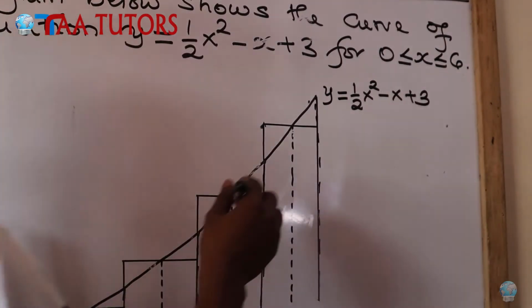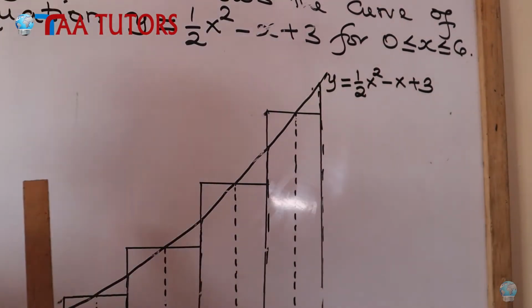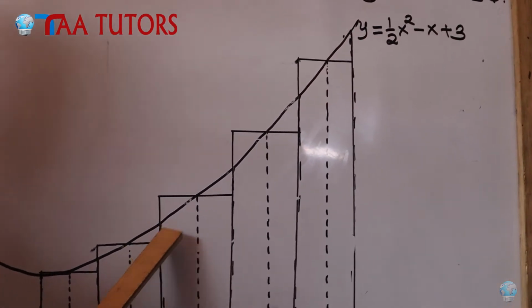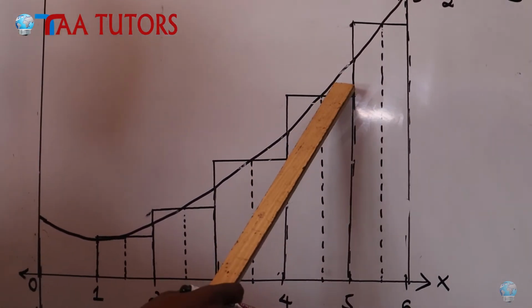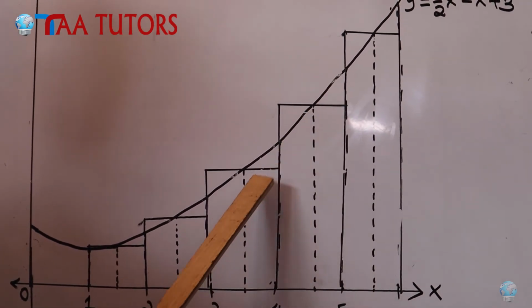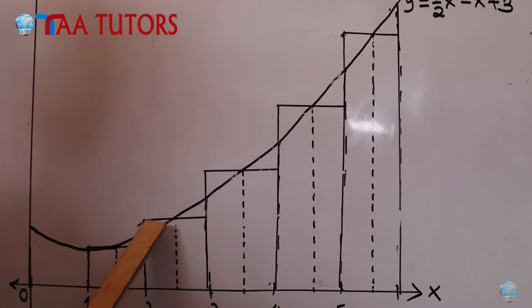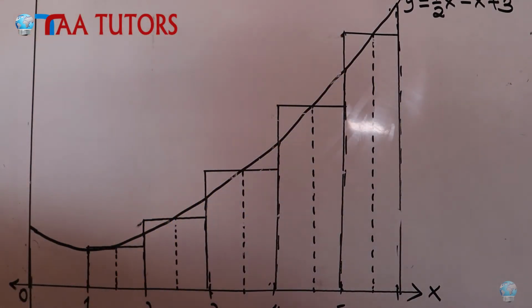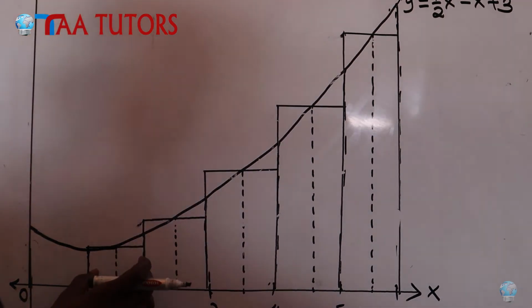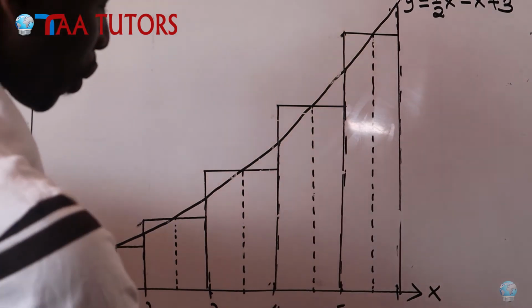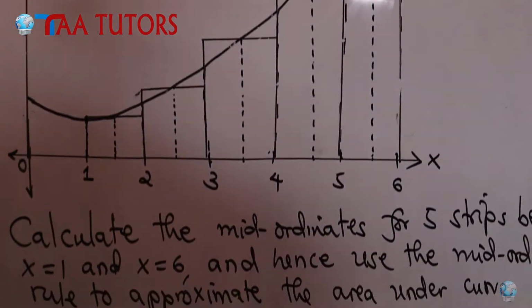There, we have the shape of the diagram. You see, these ones are overestimations, and these ones are underestimations. So we are going to see how that plays out. This is the first bar, or the first rectangle, the second rectangle, the third, the fourth, the fifth. We are also told to refer to them as strips in this particular question.